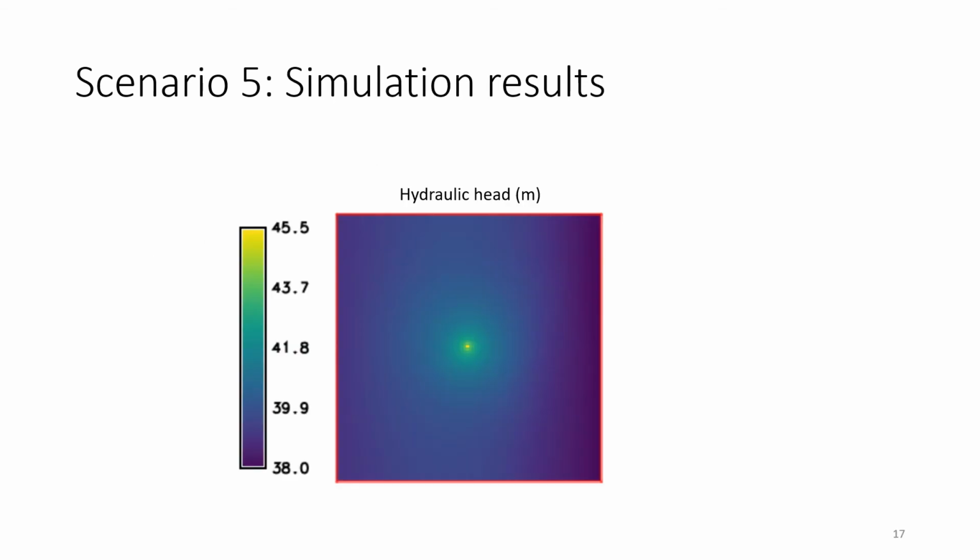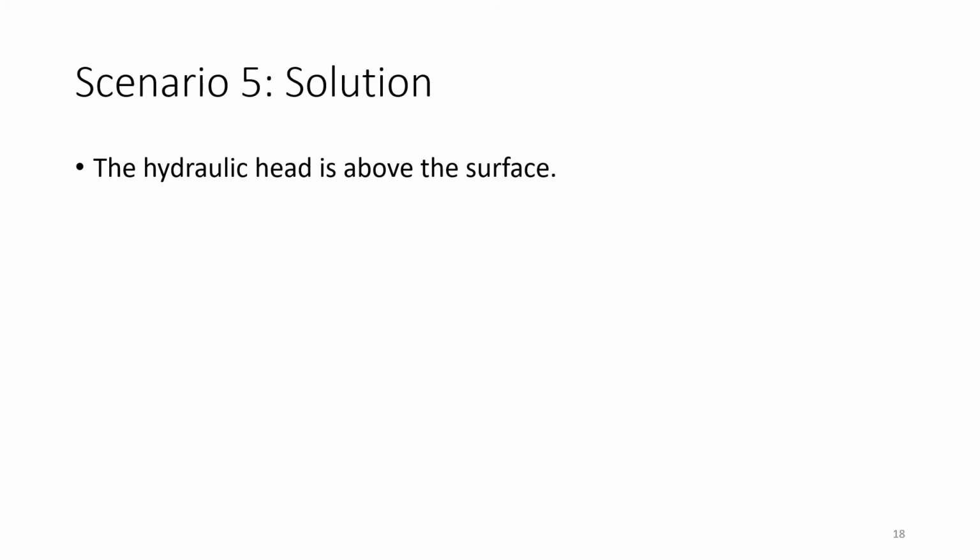Again, I'm just showing you the hydraulic head distribution, and what we see here is a strong increase, so we are injecting a lot. What could be wrong with that? Well, the hydraulic head is above the surface.